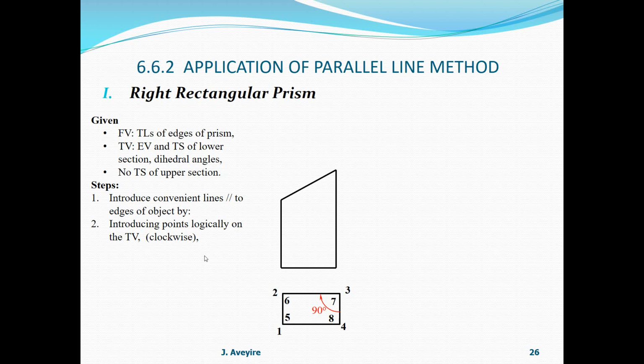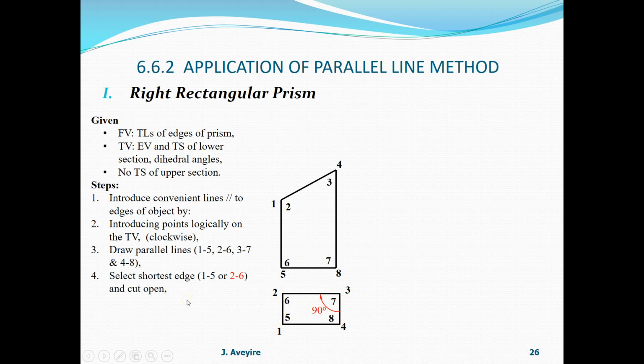Now, from the front view, 1 and 4 will be visible in front. Then 5 and 8 at the base will also be visible, but behind them 2 and 3 will be hidden, as well as 6 and 7. Draw the parallel lines, so we now have lines 1-5, 2-6, 3-7, and 4-8.